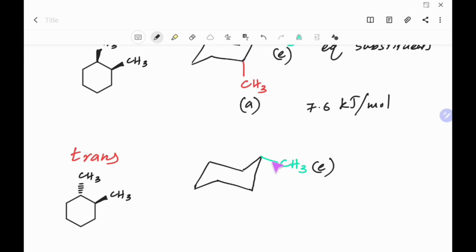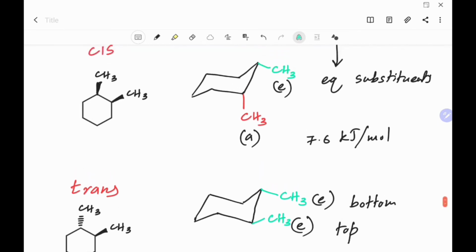This CH3 group is on the bottom plane. So the other CH3 group should be on the top plane, and it is also equatorial. So this is trans, and this is also equatorial.